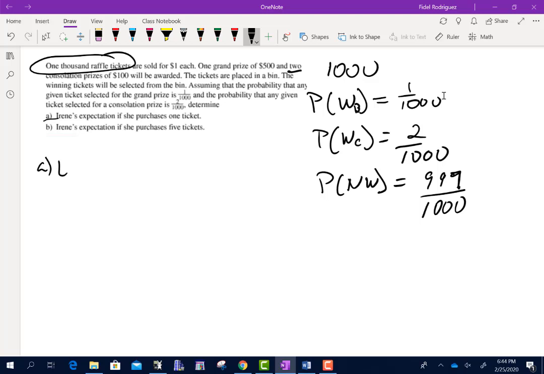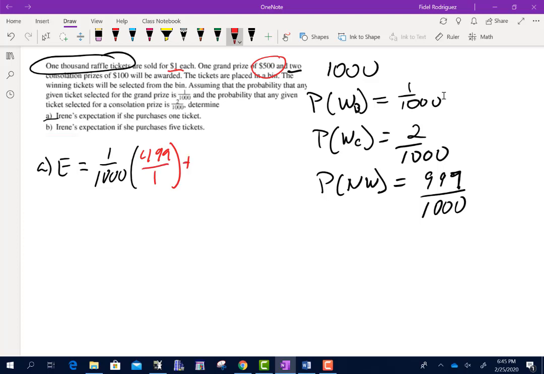So part A, Irene's expectation. The probability that she's going to win the big prize is 1 out of 1,000. The grand prize is $500. But remember, Irene had to spend $1, so if she wins that, she's really going to win $499.